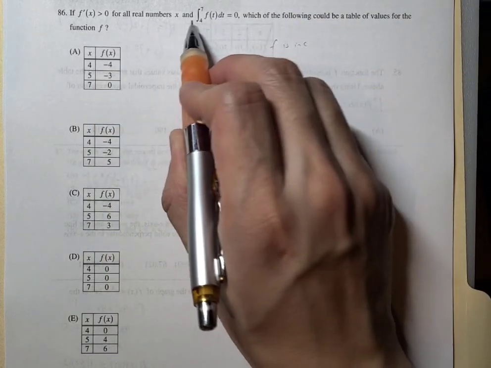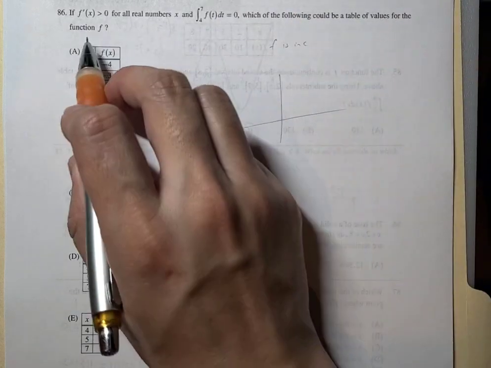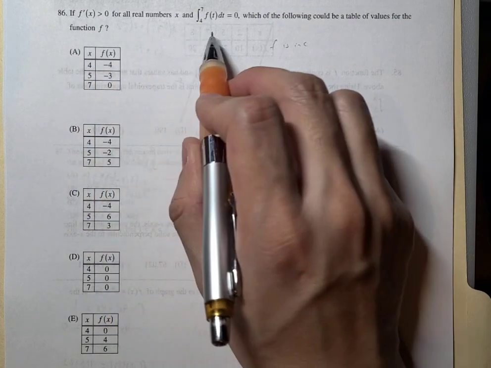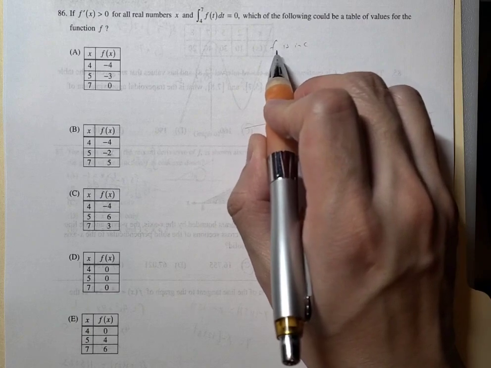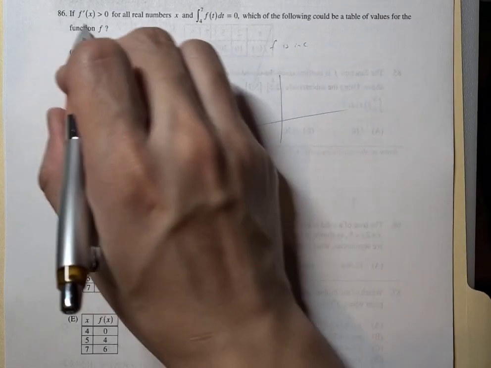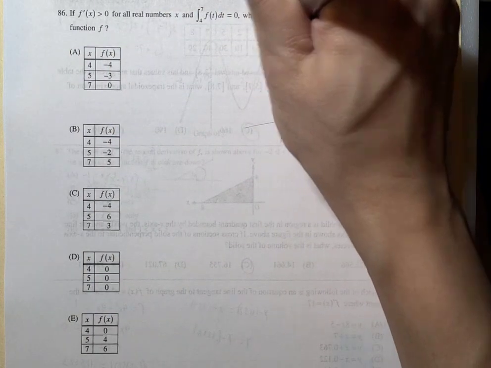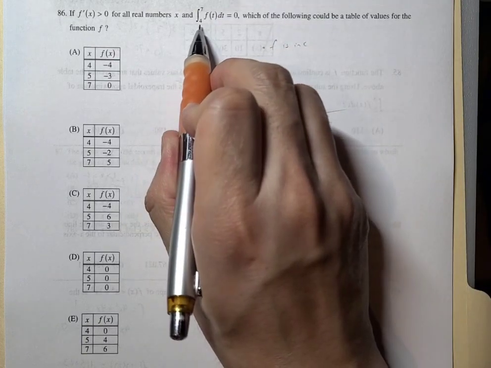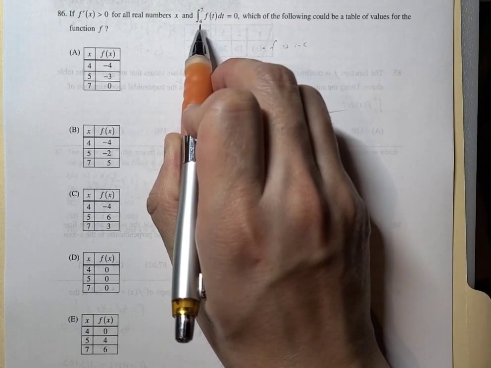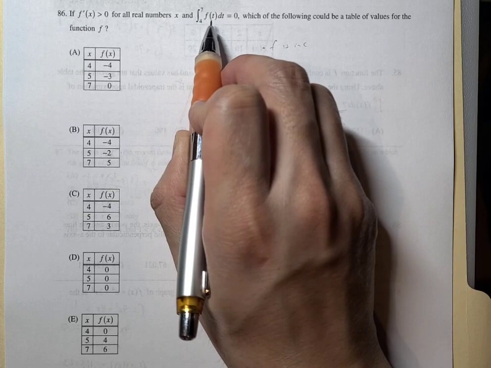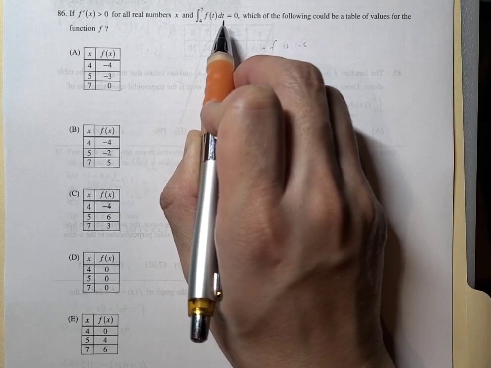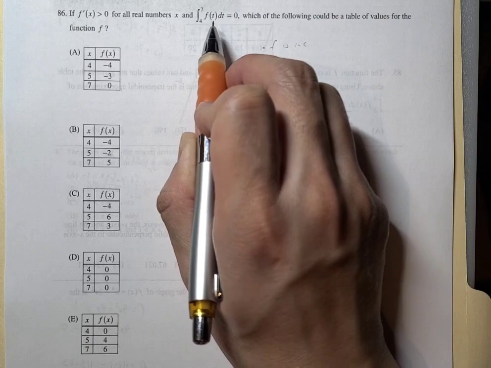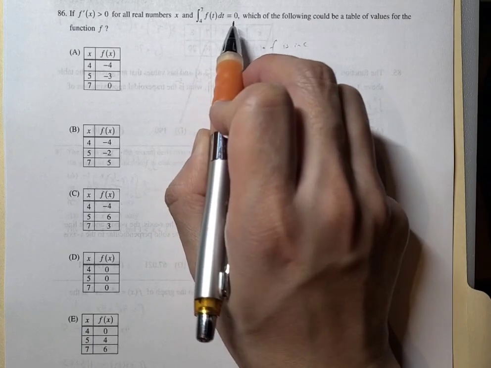Which of the following could be a table of values for the function f? So this is saying f is increasing. This is this point, and then we have this point here. We have the integral from 4 to 7 of f of t dt is 0, so the area under the curve from 4 to 7 is 0.